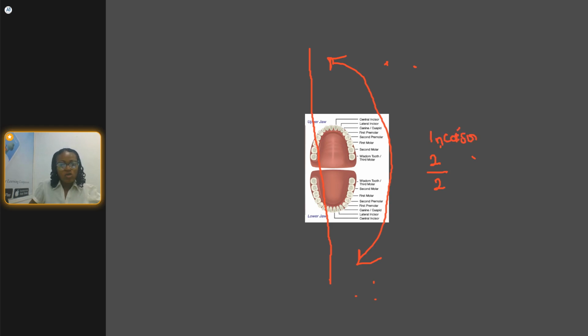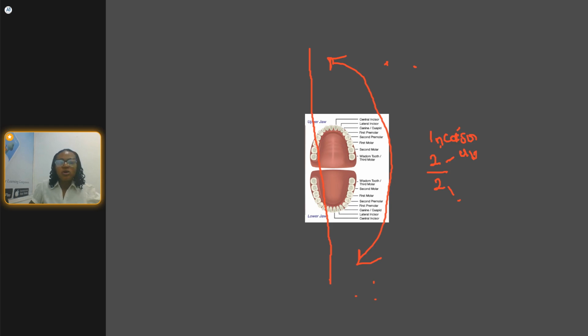All right, the same thing that is here is the same thing that is here. That is why we focus on the half parts, because we have the same thing on both sides. So we focus here for the dental formula. So 2/2 means that you have two incisors at the upper part and two incisors at the lower part, as you can see on the diagram.